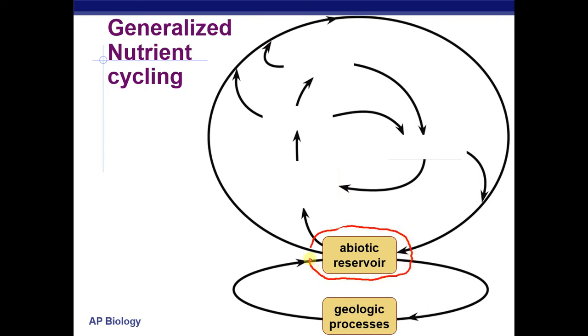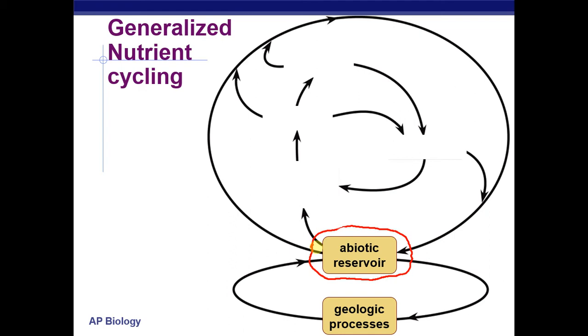Whether it's the water cycle, the carbon cycle, the nitrogen cycle, the phosphorus cycle, an abiotic reservoir is basically where a large amount of that nutrient can be stored outside of any living organism. And when we start talking about the cycles, I'll be sure to explicitly mention the abiotic reservoirs for them, right?